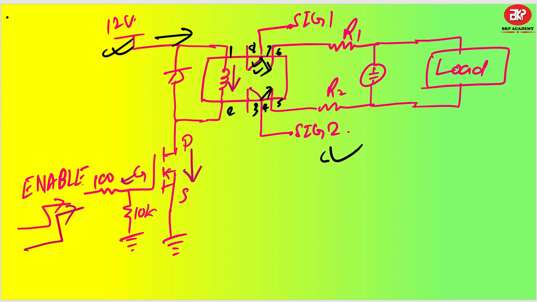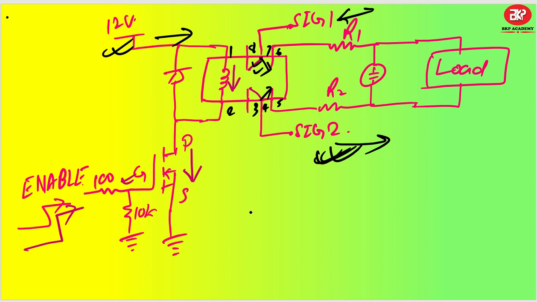So signal 2 is the output. Whatever signal you had entered here, the signal output is ready to come. Earlier there was no other way to reach here because pin number 6 and pin number 5 were isolated, since pin number 7 and pin number 4 were not connected. So this is the way you can make it enable.